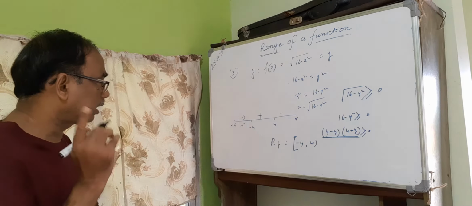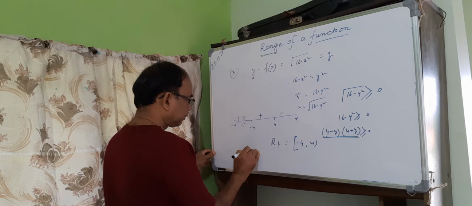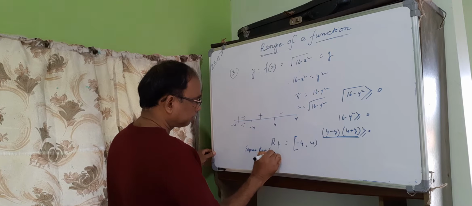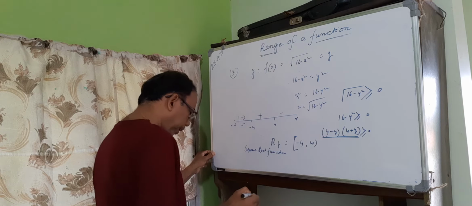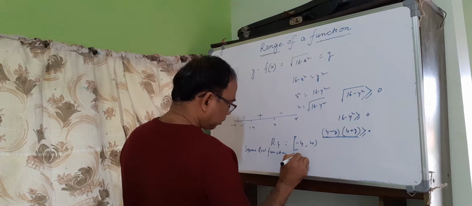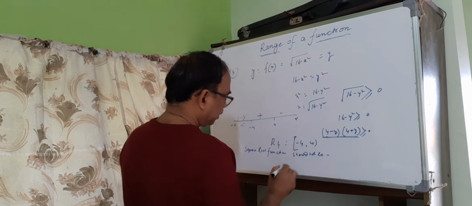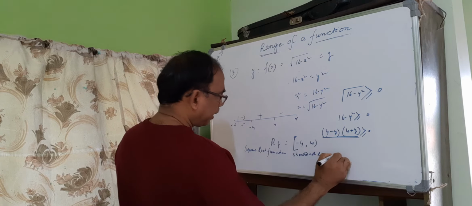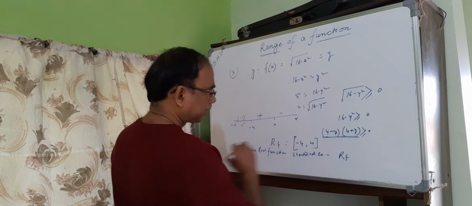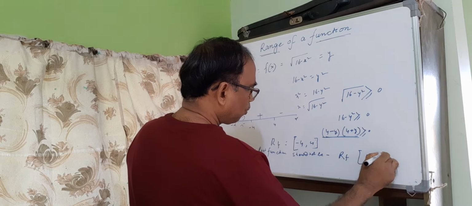But keep in mind, a square root function should not be negative. Therefore, the actual range of the function equals 0 to 4.